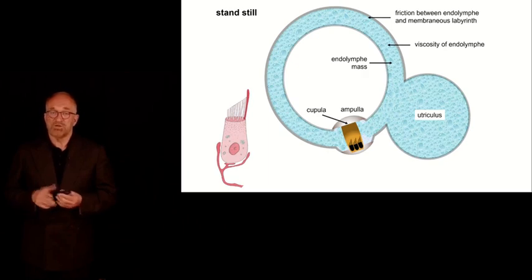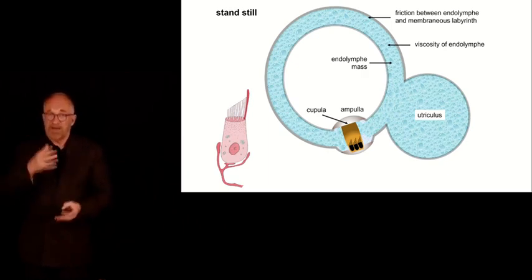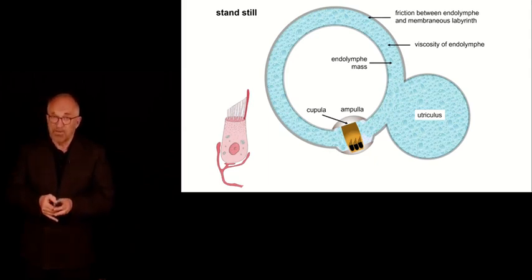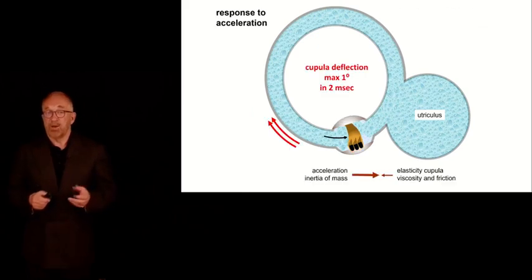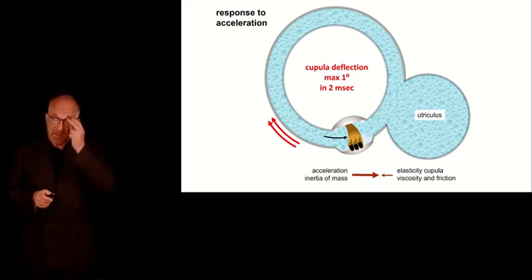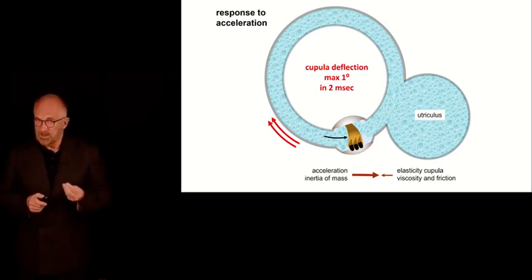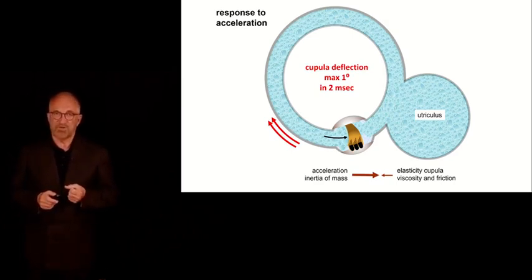As soon as you start to rotate, the endolymph in the canal will lag behind and push against the cupula. That is what you see here when you have a clockwise acceleration. There's a very fast deflection of the cupula within 2 milliseconds, with a maximum deviation of 1 degree, and the hair cells are stimulated. So immediately they detect the rotation. It's a very fast system.